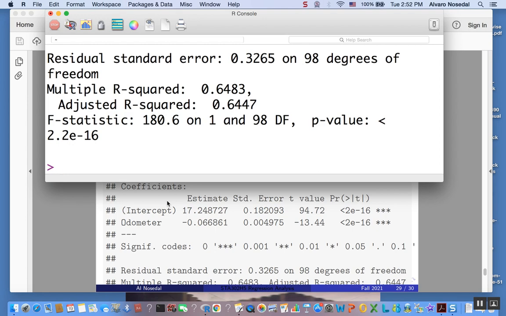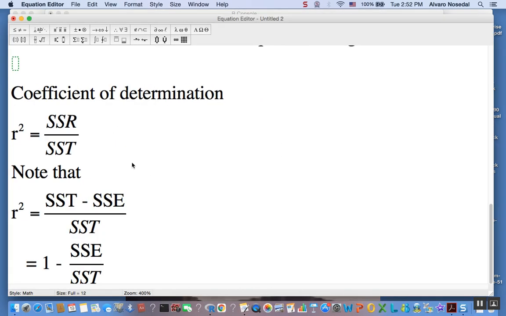Now see that R squared, that's the determination coefficient, right? And again, remember what we said, this guy represents a percentage of the variation in our response variable that is explained by the linear regression.